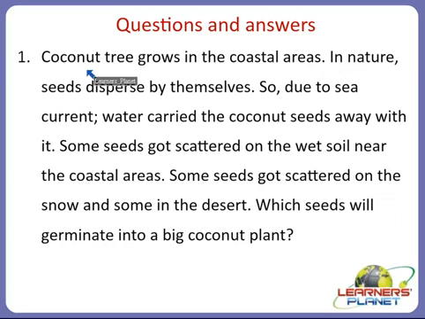The first question goes as: the coconut tree grows in the coastal areas. And as you know children, in nature, seeds disperse by themselves. So, due to this property of nature, the sea current, which has water, carries the coconut seeds away with it.